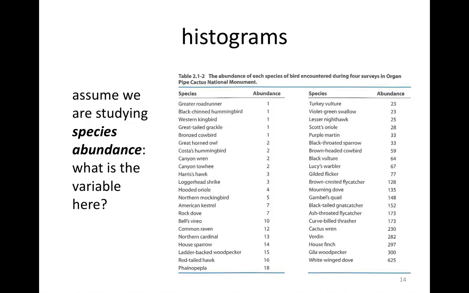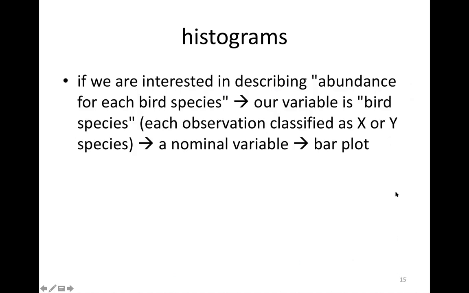We can try to address this question, whether frequently observed species are also frequent, or infrequent, and how the distribution looks for this type of abundance data, using a histogram.